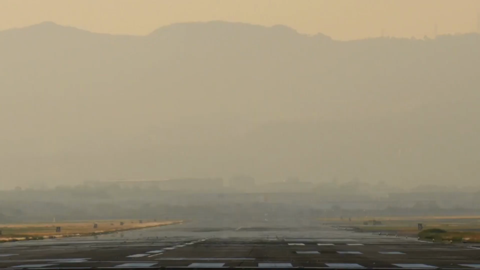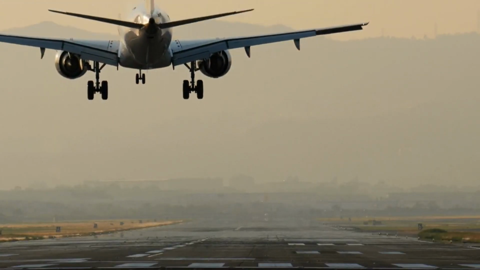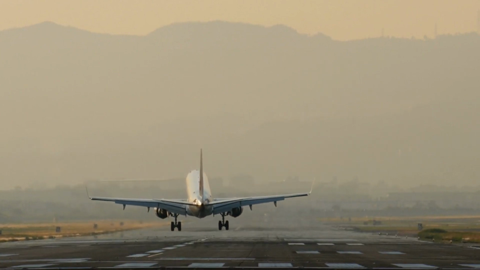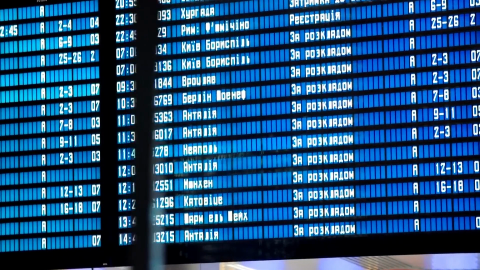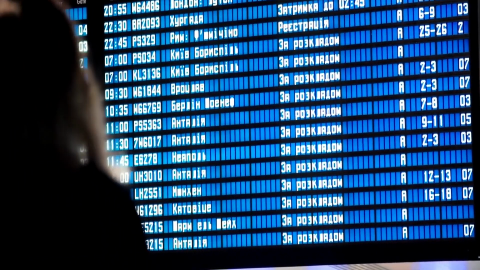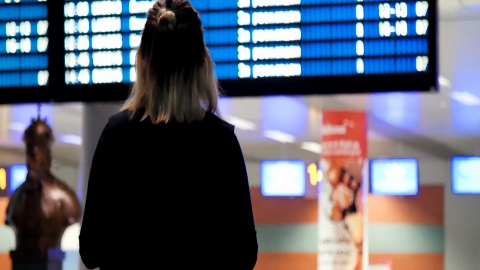Airplane acquisition. Aeroplane acquisition typically refers to the process of acquiring an aircraft for commercial or private use. This process involves several steps, including determining the type of aircraft needed, evaluating available options, negotiating the purchase price, and arranging financing.